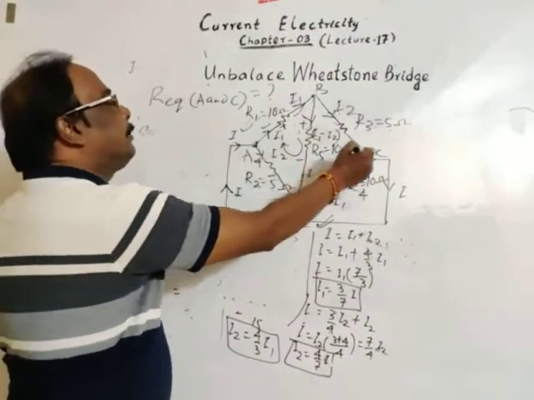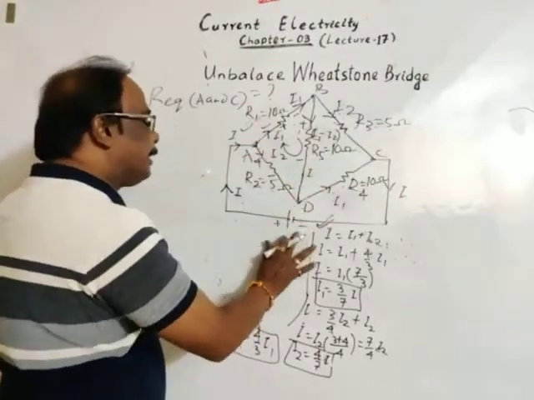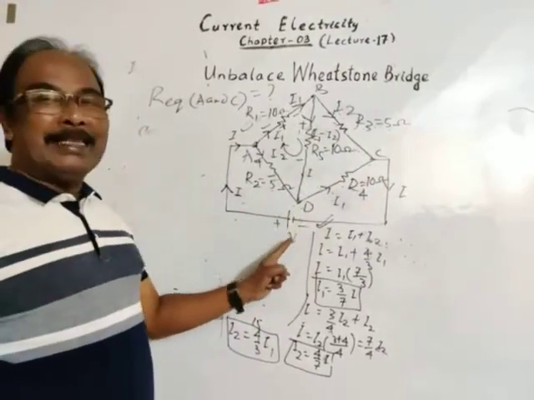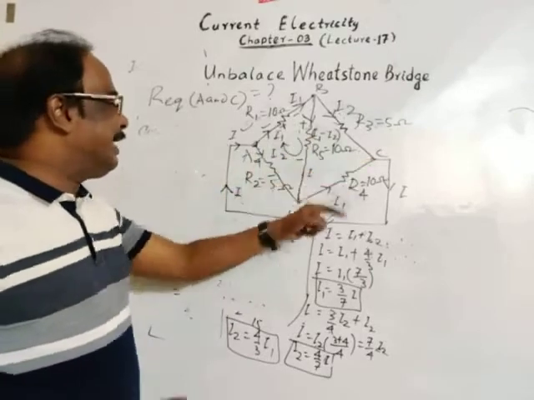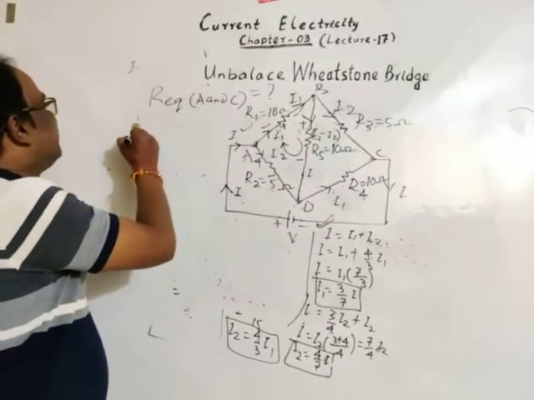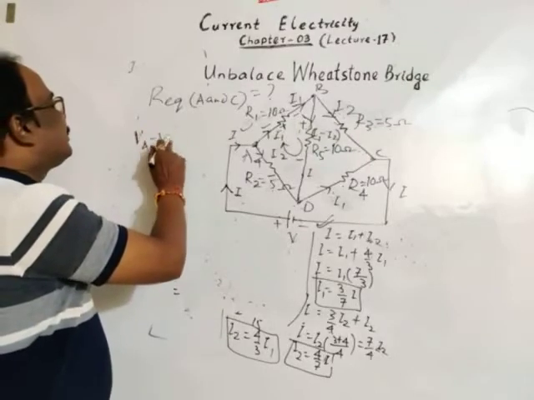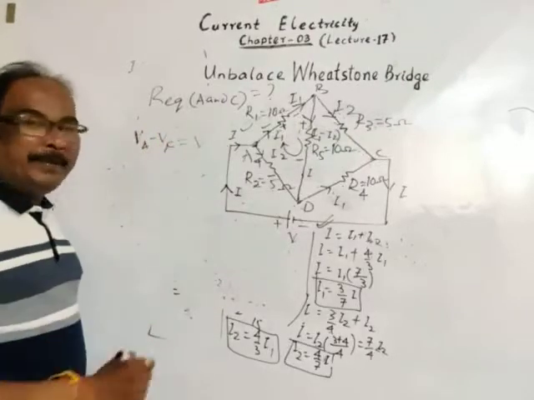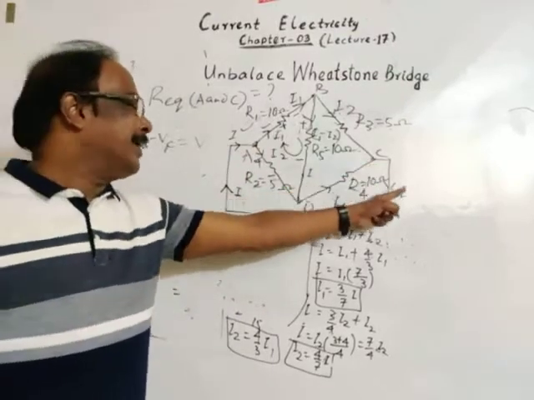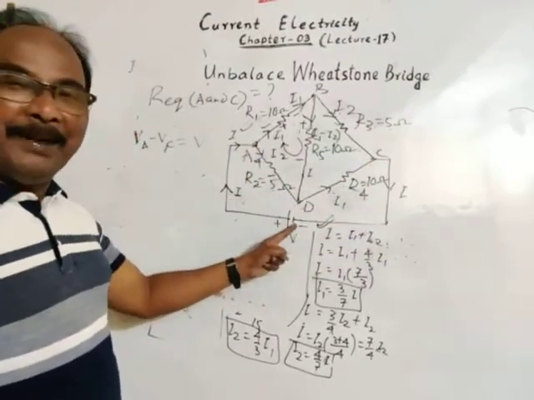Potential difference between A and C. If potential difference between these two terminals is V, then potential difference between A and C is also V. A is connected to positive terminal and C is connected to negative terminal.